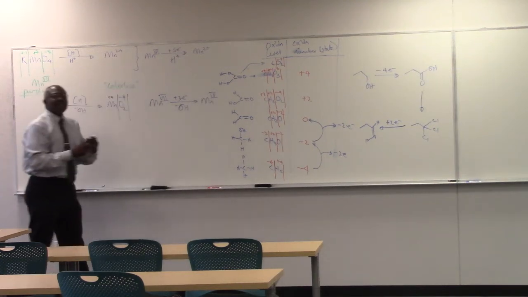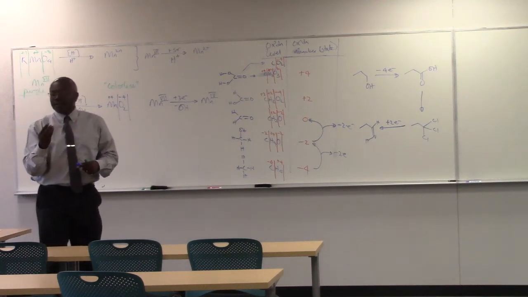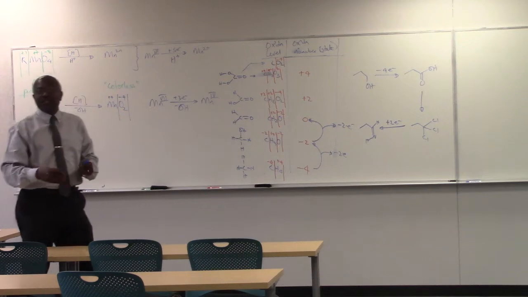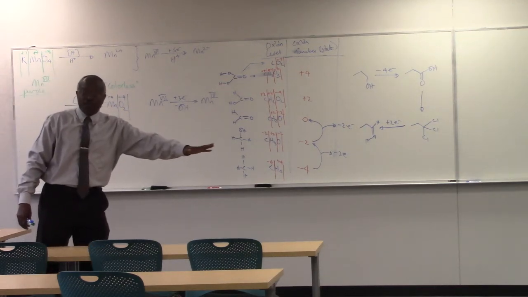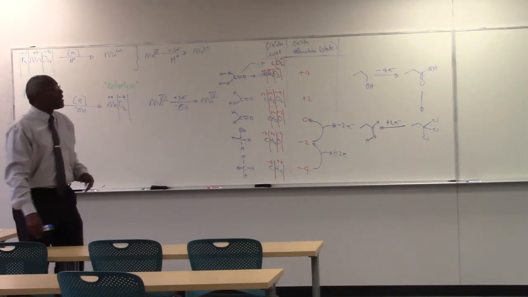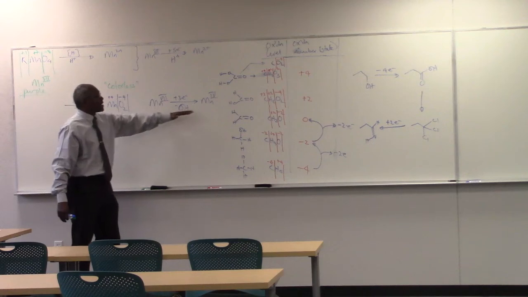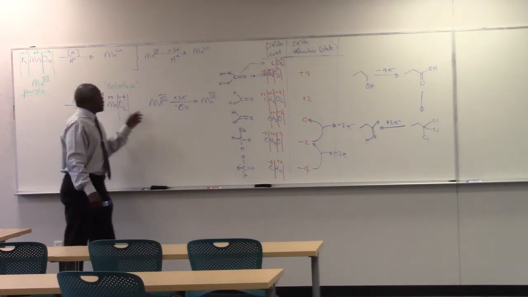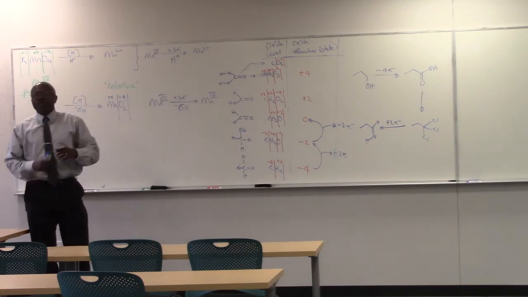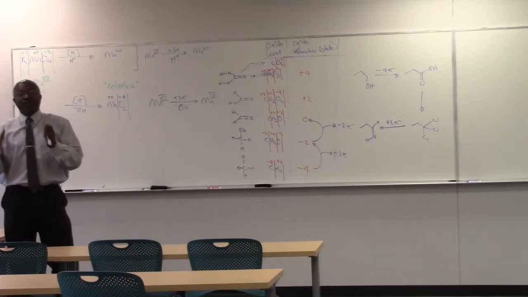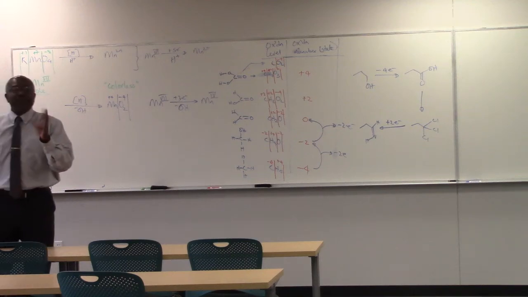So manganese has a different oxidation profile. Potassium permanganate has a different profile under acidic conditions, where it is reduced to manganese 2, purple to colorless, and under basic conditions where it's reduced to manganese 4. MnO2 is a fine powdery black solid. So what you see when this reaction goes is the purple color is discharged and you're left with a fine black suspension.